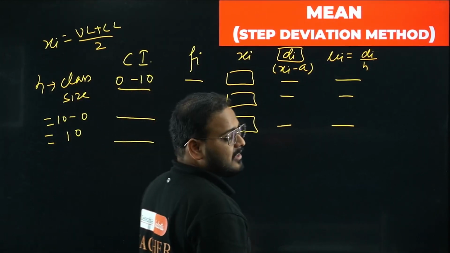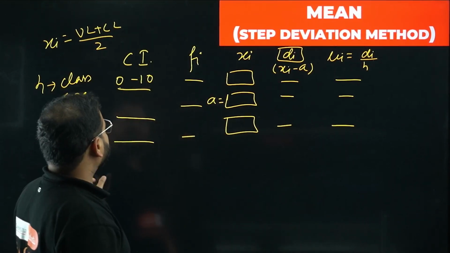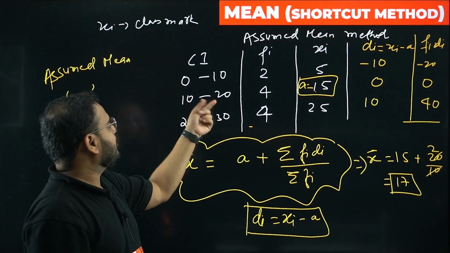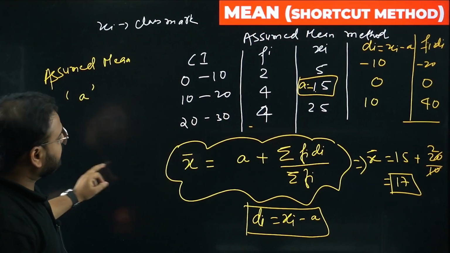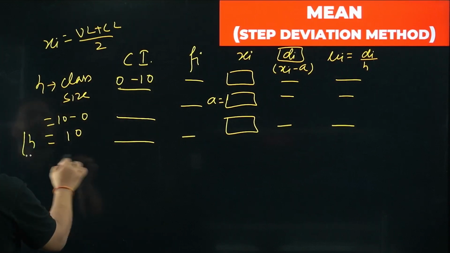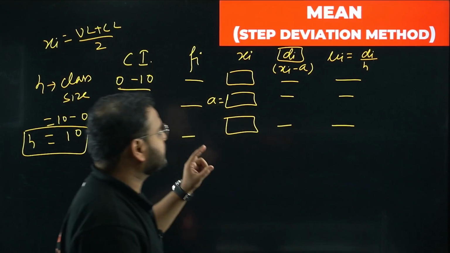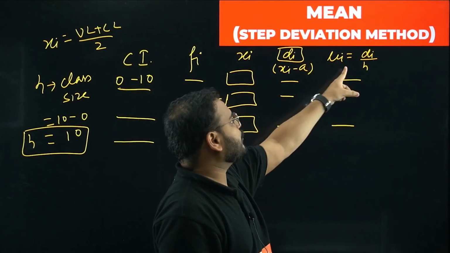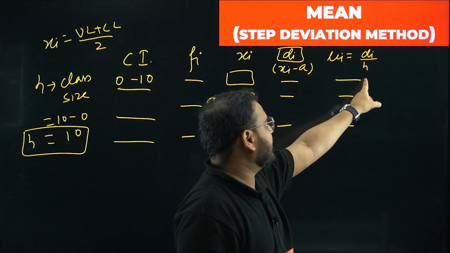The class interval size is called the h value. Check over here: 10 minus 0 is 10, 20 minus 10 is 10, 30 minus 20 is again 10. So it's always 10, so my h value is coming as 10. I hope this is clear. You're going to divide di by h to get the ui value. Can you see? You're creating a step in the deviation by dividing with h.